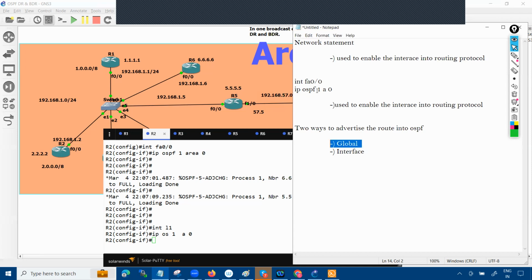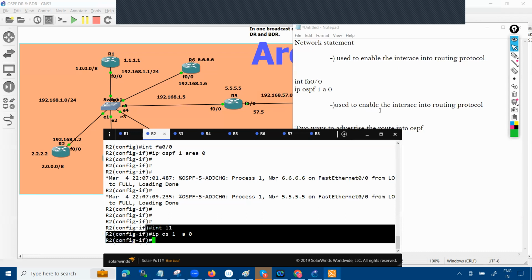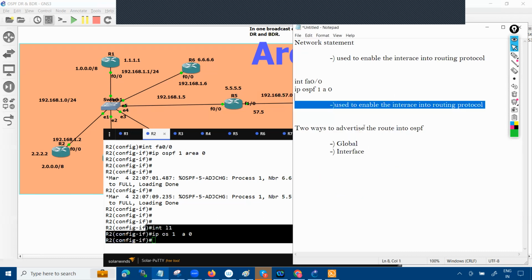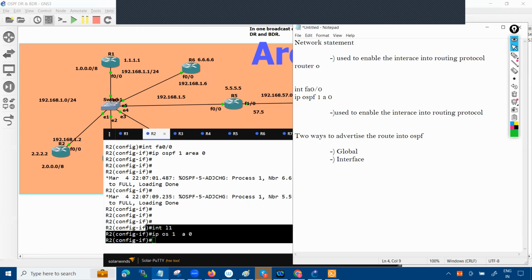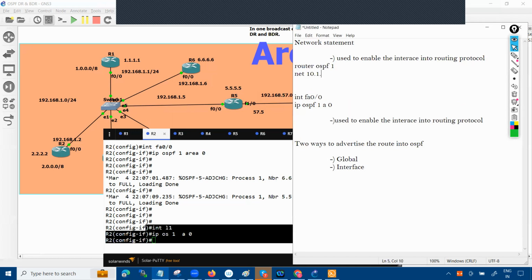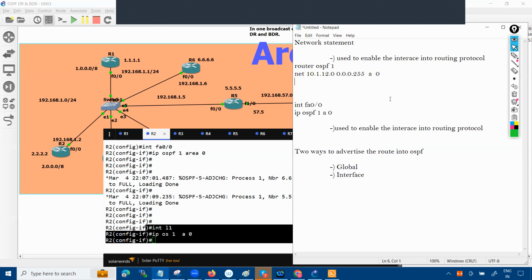Both are advertised in the OSPF protocol. That is called the network statement. You go to router OSPF 1 and say network 10.1.12.0 area 0. Either you can do it this way or that way. It's up to you.